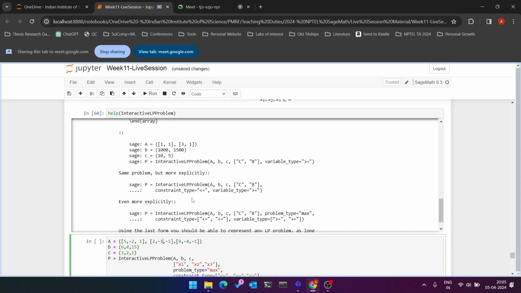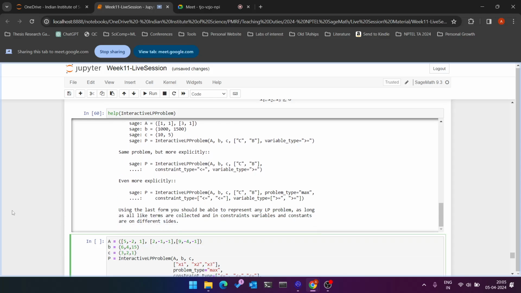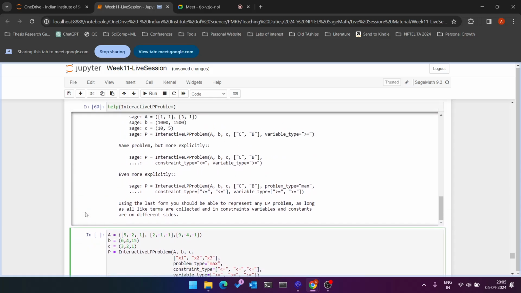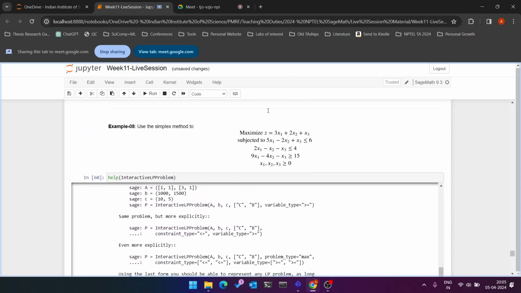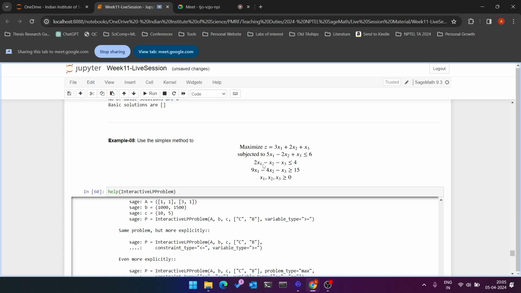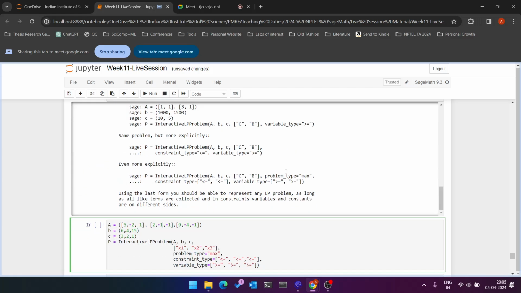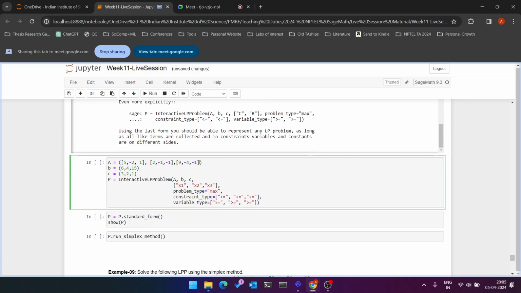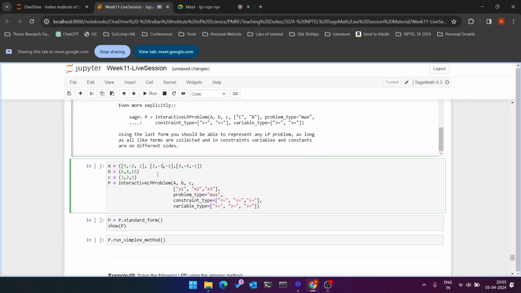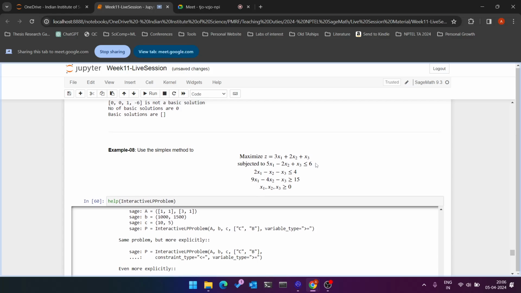So we'll be using this to write down our matrix A, which is 5, -2, 1, 2, -1, -1, and 9, -4, -1, multiplied with x should be less or equal to b.